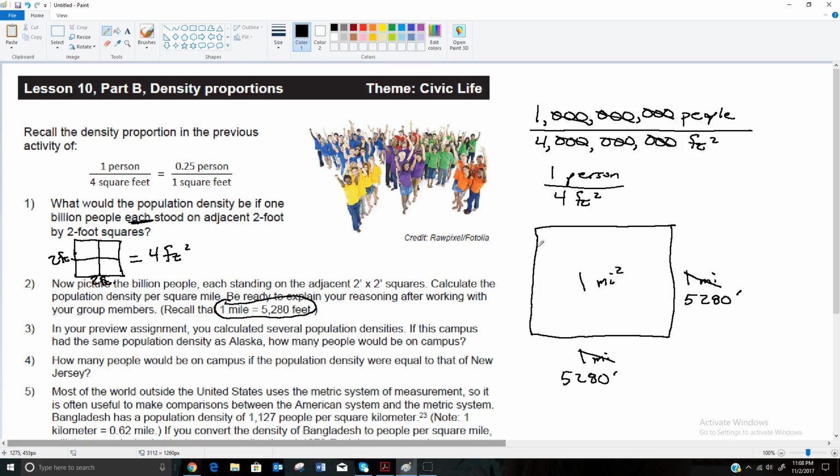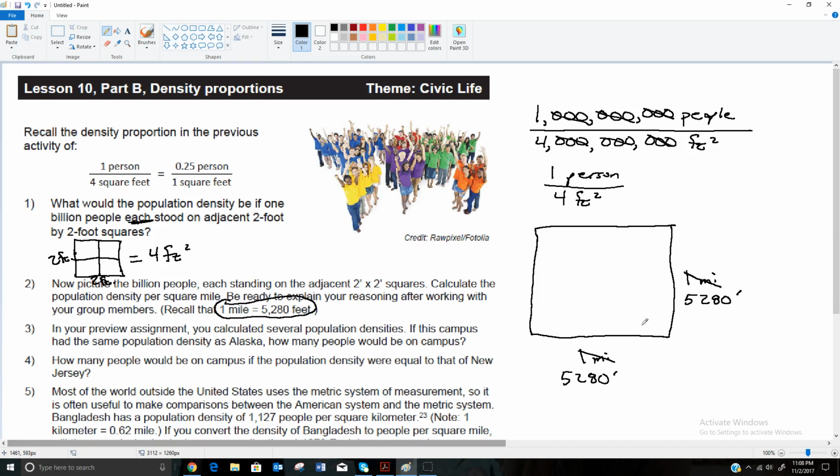So instead of calling this 1 square mile, hold on a second, let me erase this. Let's measure that. But remember, it's still 1 square mile because it was 1 mile by 1 mile. So how many square feet is that? Well, we have to take the 5,280 feet this way times the 5,280 feet this way.